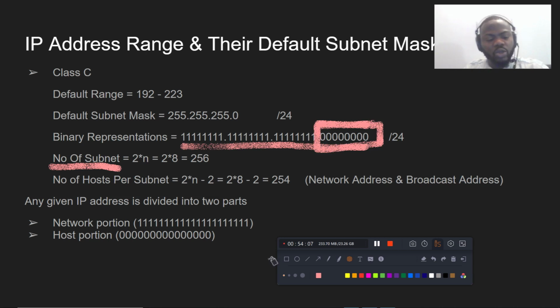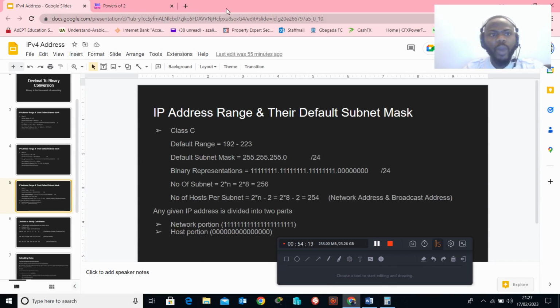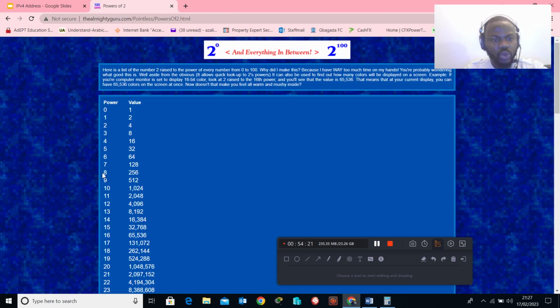If you are going to do 2 raised to power 8, let's go back to our powers of 2. Look at the powers of 2 here. 2 raised to power 8 is 256.